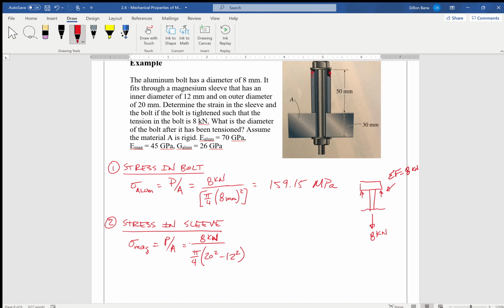Okay, guys, don't confuse that. This is not the same thing as this, right? This is wrong. All right, so it's d squared minus d squared. And if we run through this, what we get is 39.79 megapascals.